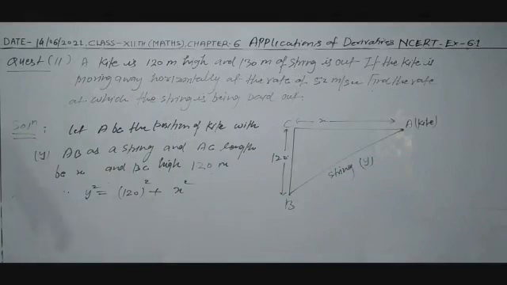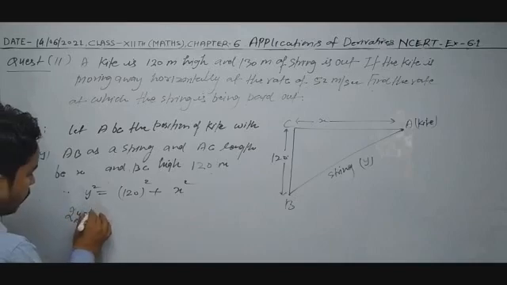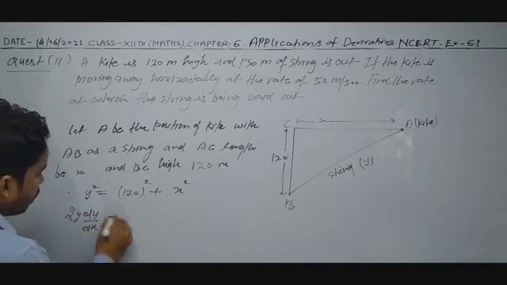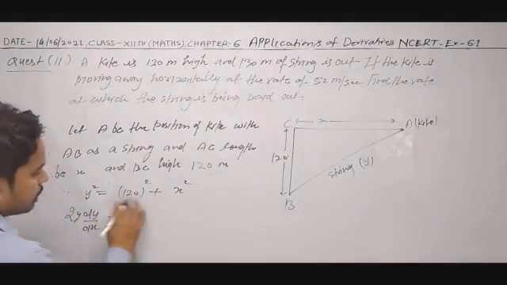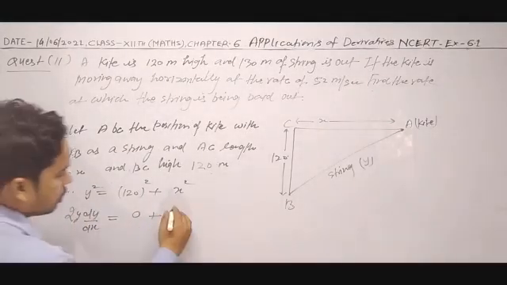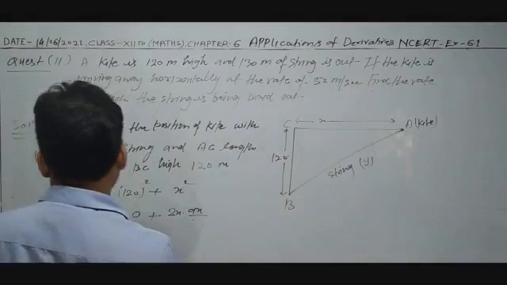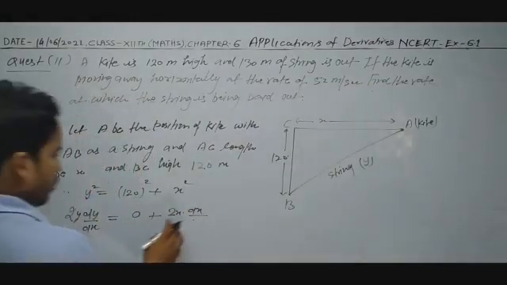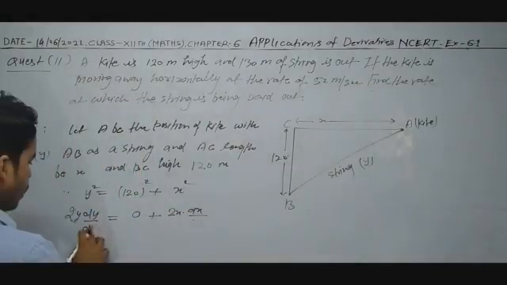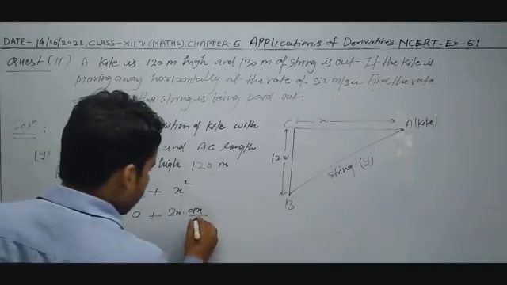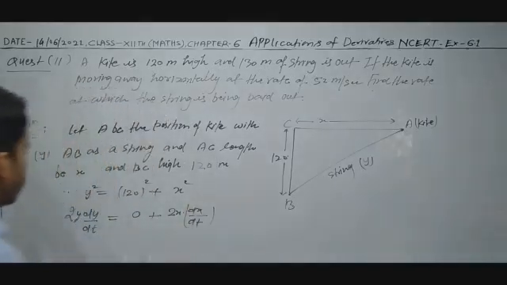So how will you differentiate? When you differentiate, the result will be 2y dy by dt is equal to, the differentiation of 120 square is 0, plus 2x dx upon dt.